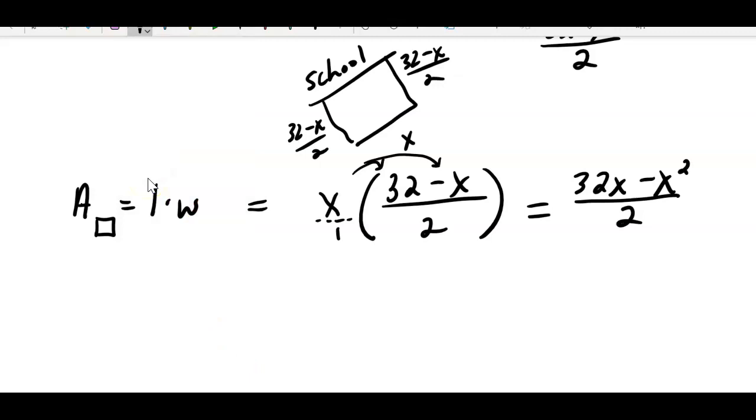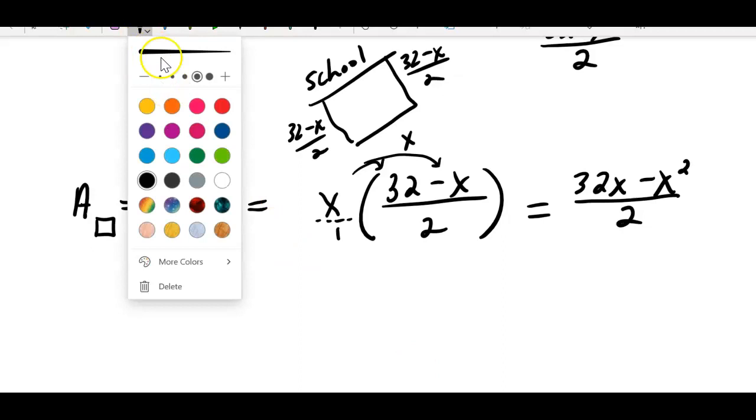Oh my gosh, my marker has really stopped working. Let's see. What's going on? Will it write right here? No. Okay, marker. Marker. Let's try it again.